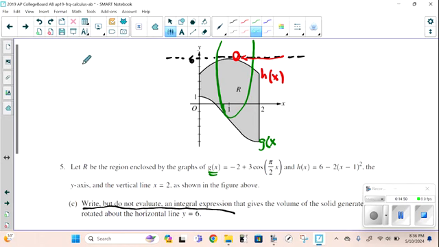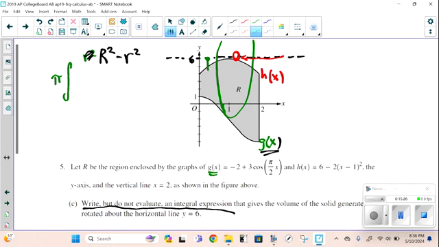So I'm going to integrate the area of a circle, which is pi r squared. Normally we would do r squared here, but when we have two circles, it's the bigger circle radius squared minus the smaller one squared. The bigger one is going to be my g of x. However, I have to take 6 and subtract.